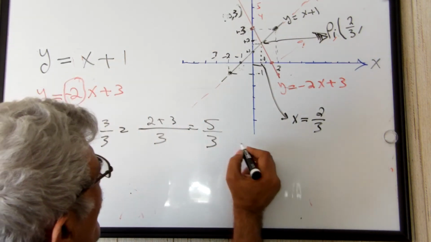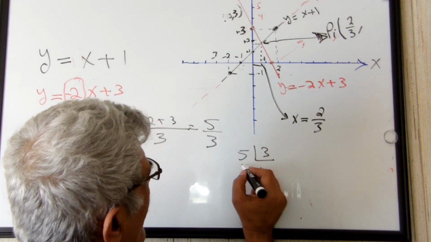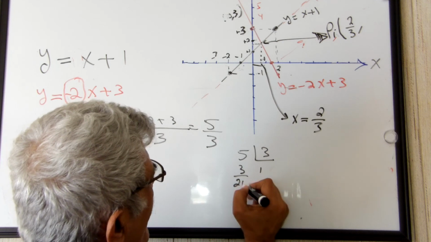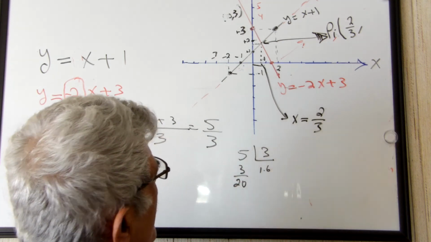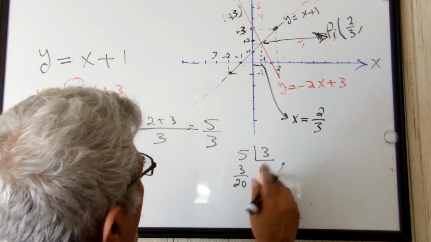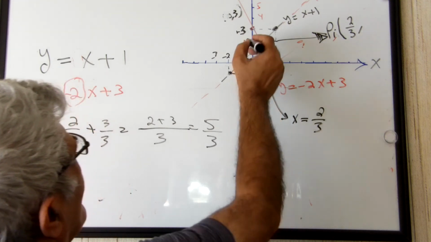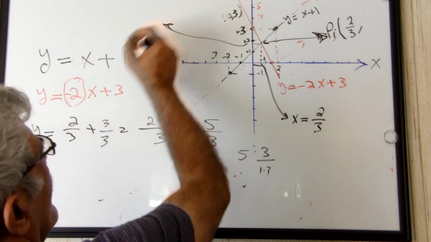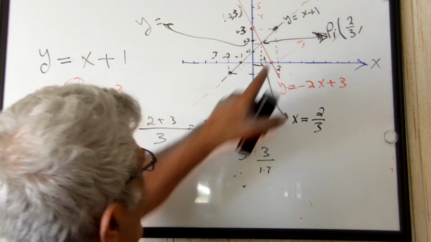5 over 3, what does 5 over 3 mean? See, if we divide this, it's 1.6 or almost 1.7. 1.7, if rounded. Here, y coordinate of this point.